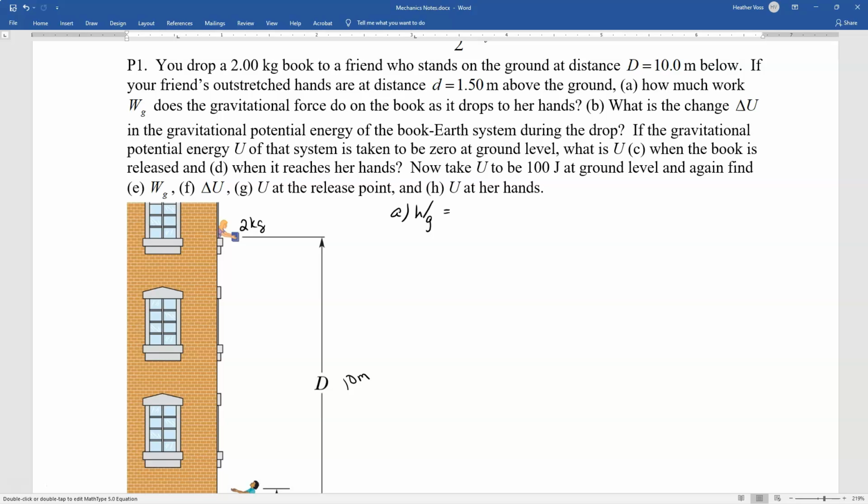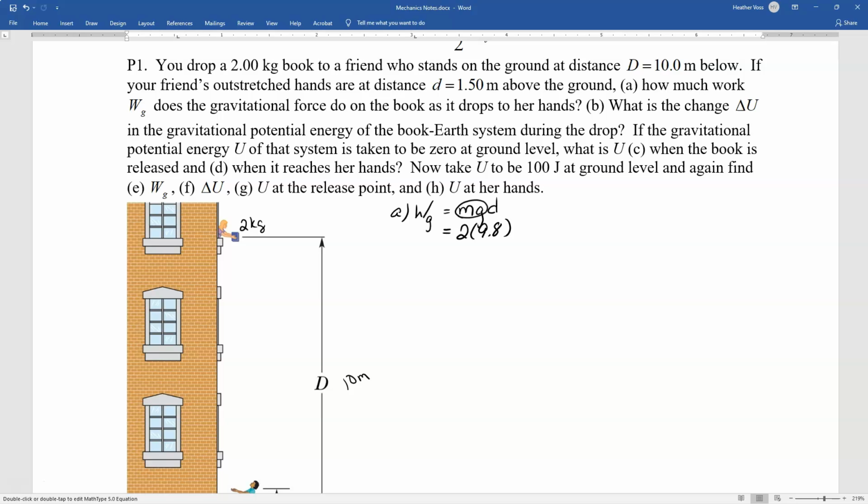Well, that's going to be mg times distance, mg being the force due to gravity, times our displacement. They're in the same direction, which is down, so we're going to have 2 times 9.8. And our displacement. Now, it would be all fun and dandy to go, okay, well, what is our displacement?